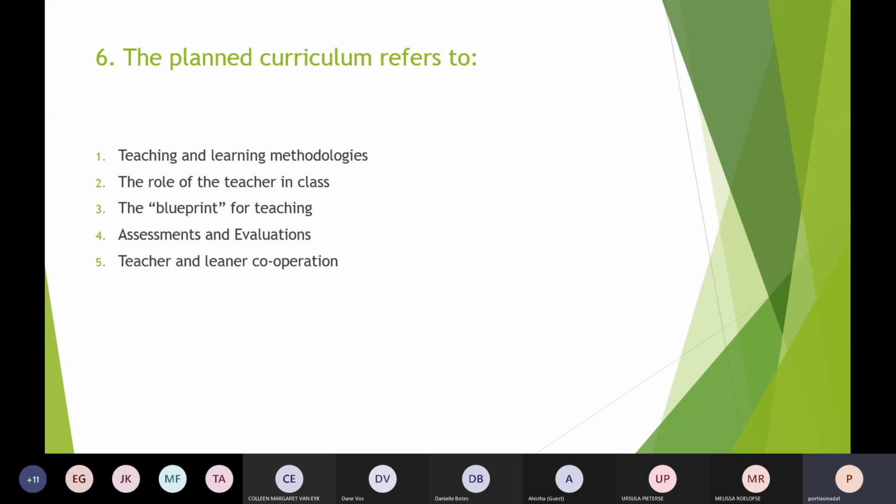Okay, let's just discuss the role of the teacher in the classroom. What is the role of the teacher in the classroom, students? Facilitator, mediator. Yes, correct. Thank you. So what is assessment and evaluation?